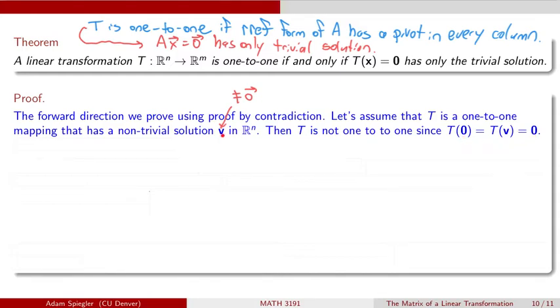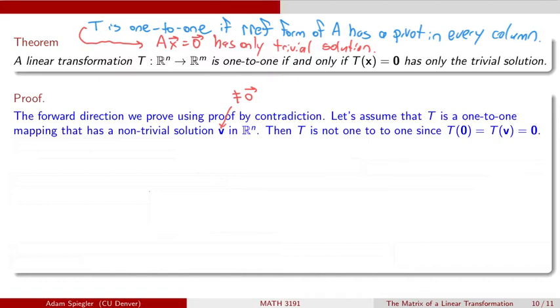So now I have two different vectors, this vector v that we assumed is a non-trivial solution, and the 0 vector, and they both get mapped to the 0 vector in the codomain. So we have just contradicted one of our assumptions, right? We assumed that T was 1-to-1. So what we've just shown is that it's impossible for a 1-to-1 map to have a non-trivial solution.